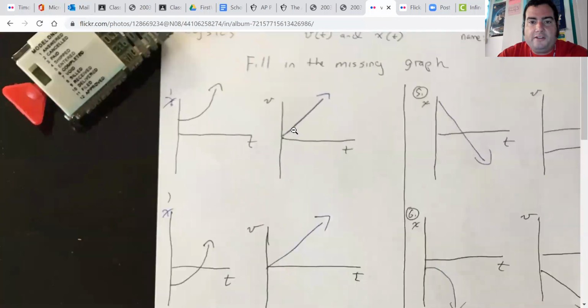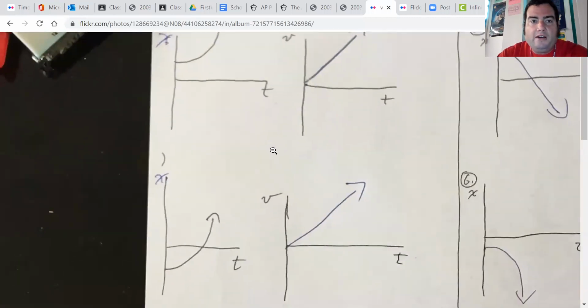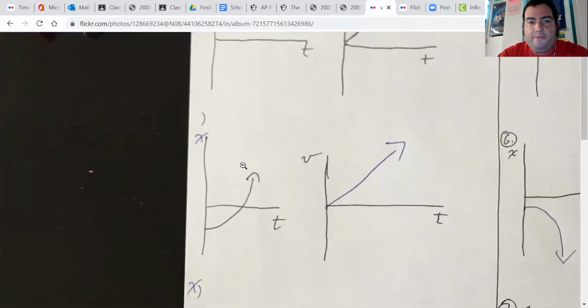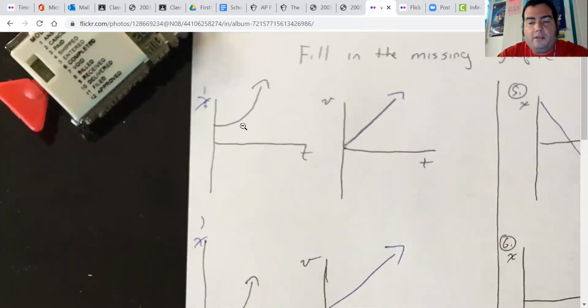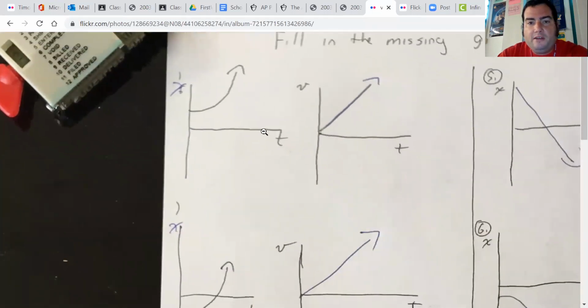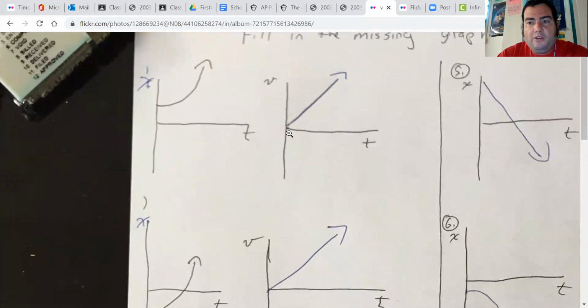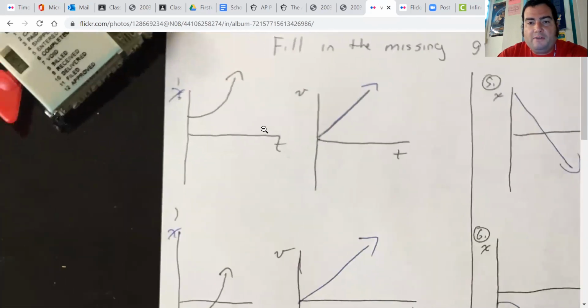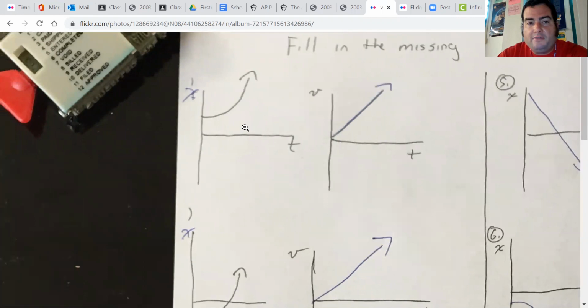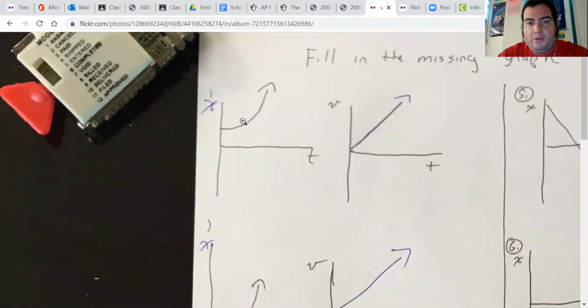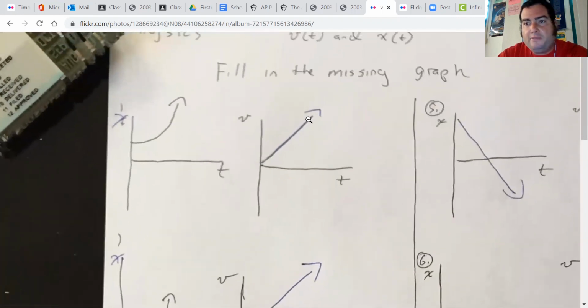As you can see, it's identical. Now, obviously these are not the same graph, but what that means is only the slope on the position time graph is important in creating the velocity graph. Low slope, high slope, that means we have an increasing graph.